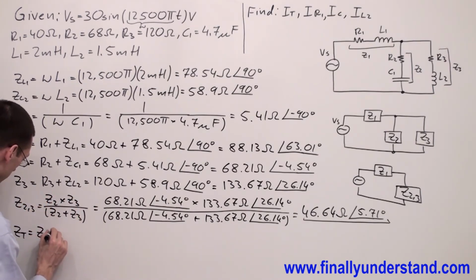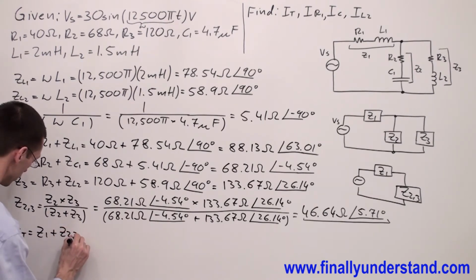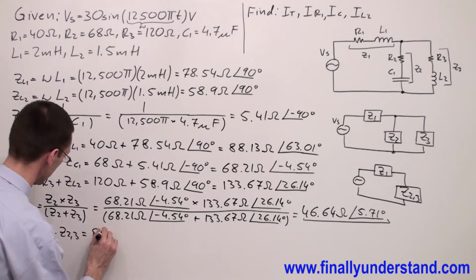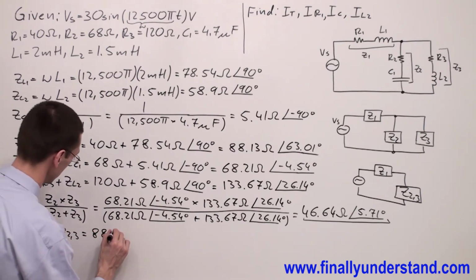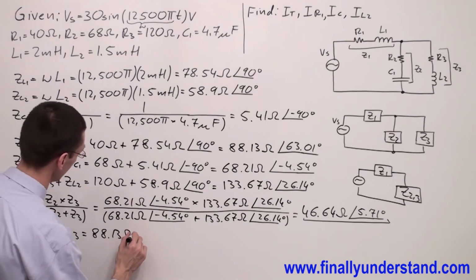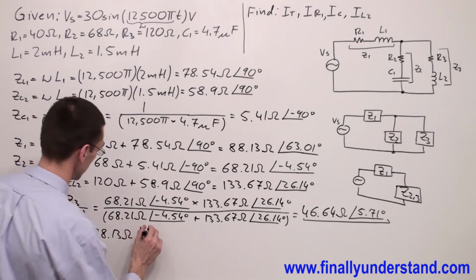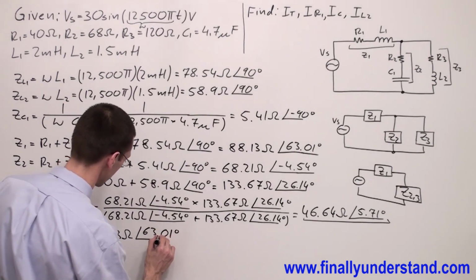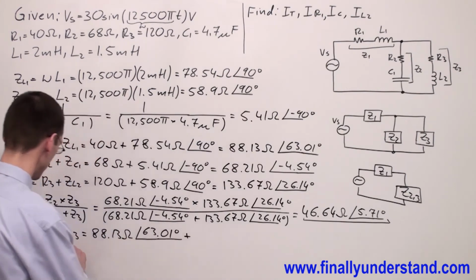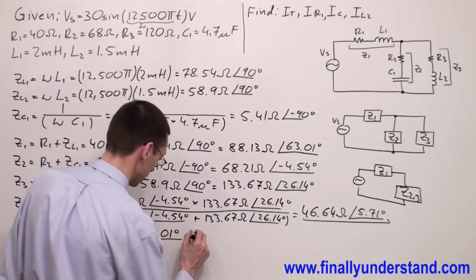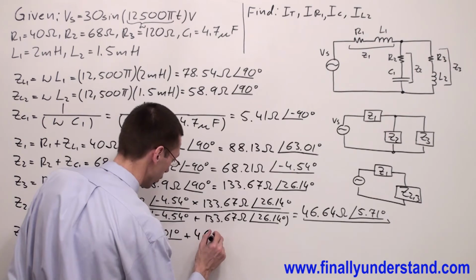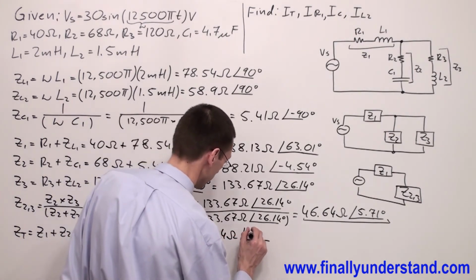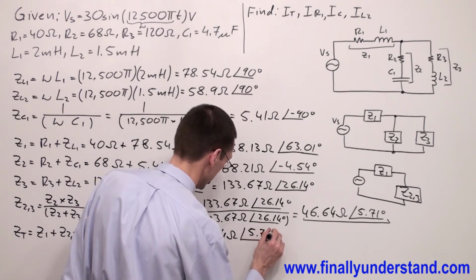So I have Z1 plus Z23, where Z1 is equal to 88.13 ohms and angle of 63.01 degrees plus Z23, which is equal to 46.64 ohms and angle of 5.71 degrees.